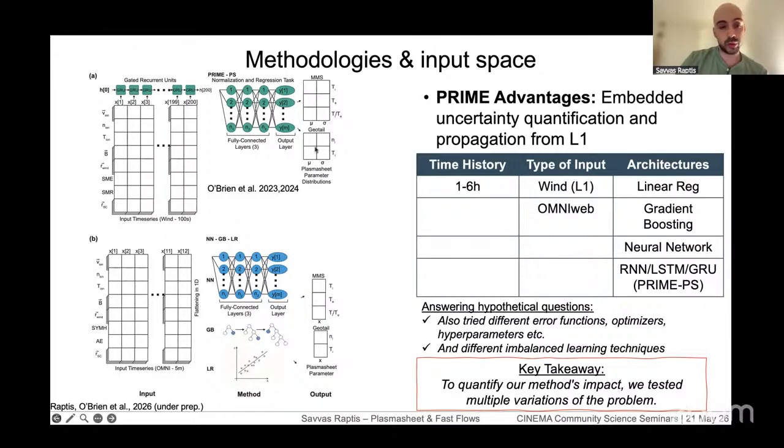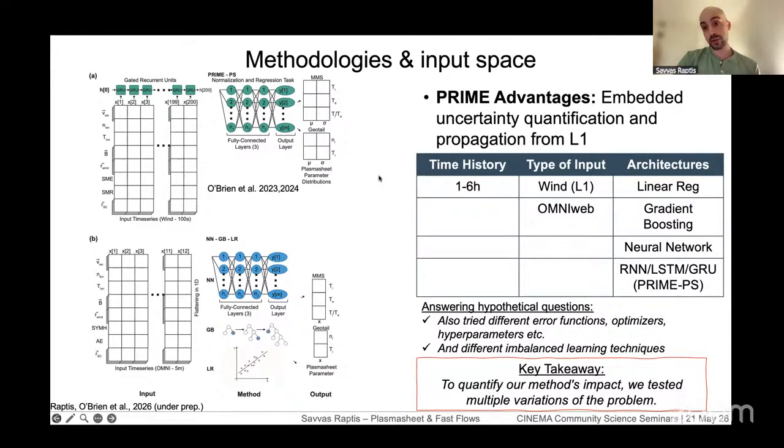On top of that, we used a very nice model that Connor O'Brien made, where basically it has those gated recurrent units. And rather than taking the solar wind propagated to the Earth, it takes the actual input from the Wind spacecraft at L1 and takes into account any propagation error from the location of L1 to the Earth.